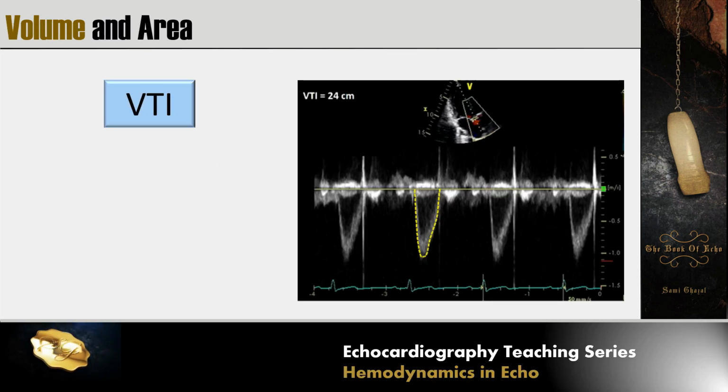We will start by understanding the velocity time integral. This is a spectral Doppler tracing here. The x-axis represents the time and the y-axis represents the velocity of the flow. If we perform integration between velocity and time by tracing the velocity, as shown here, we will get the VTI or velocity time integral, which is 24 cm.